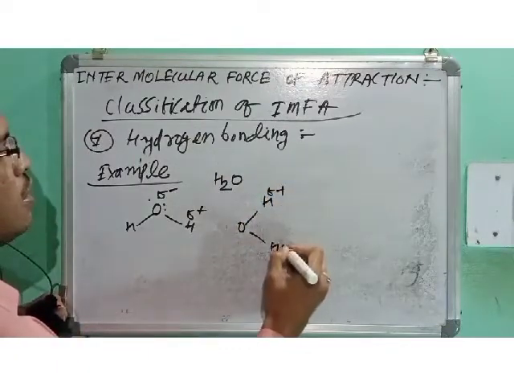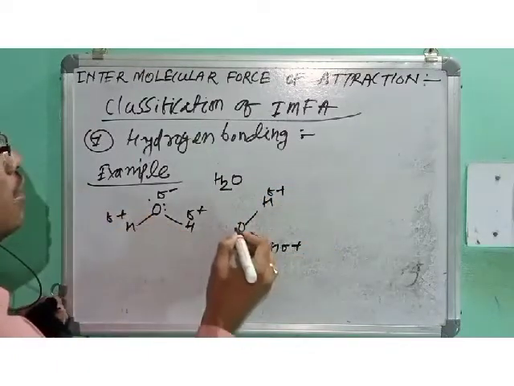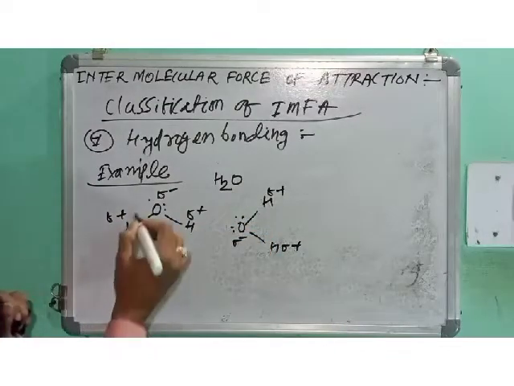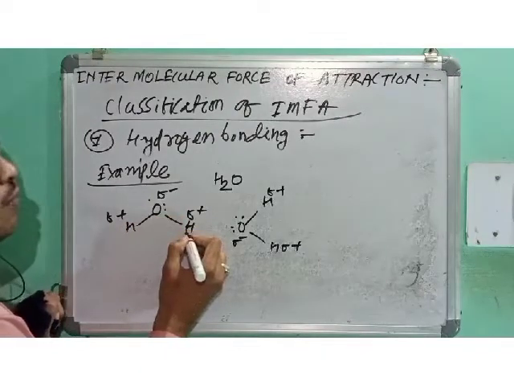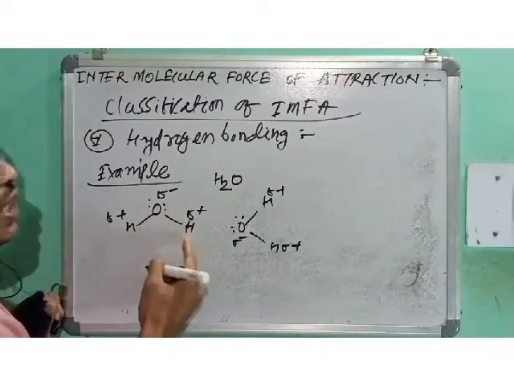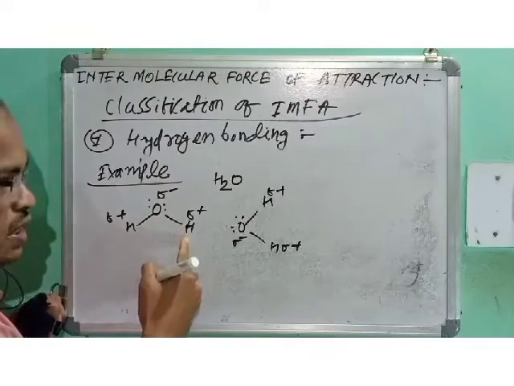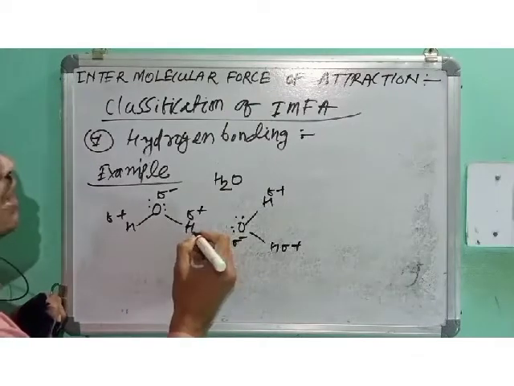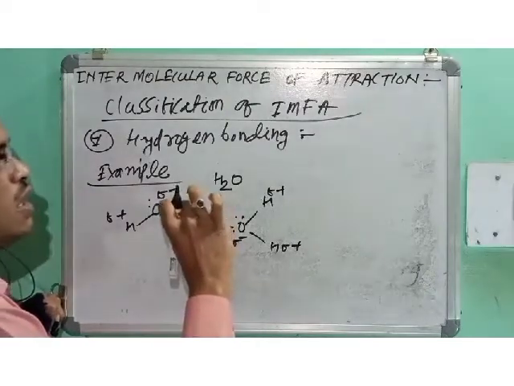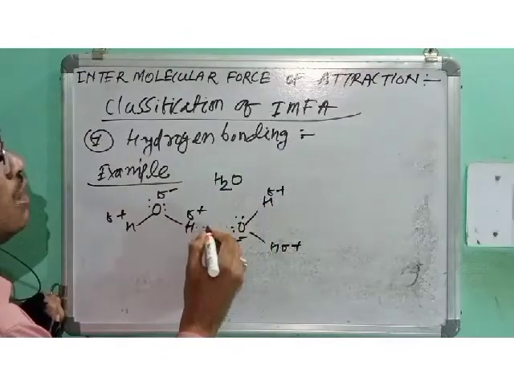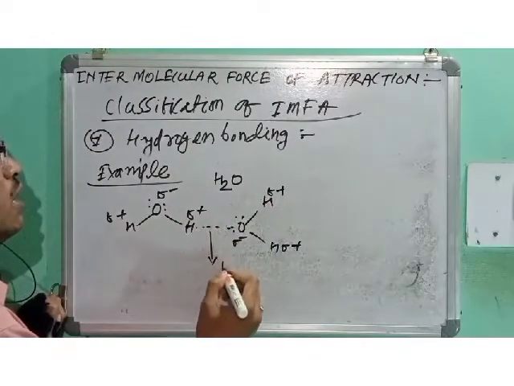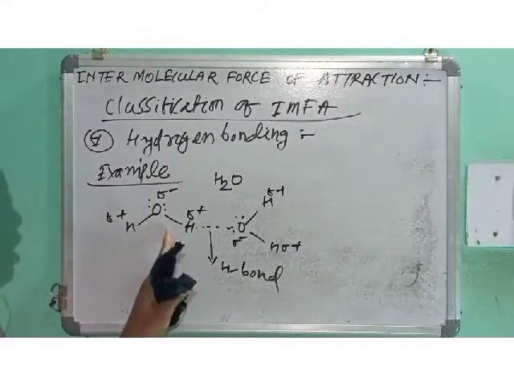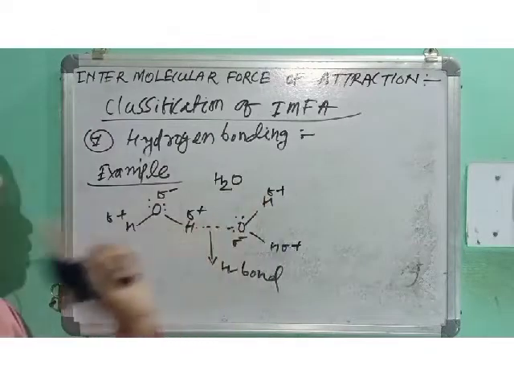This is delta plus, and this is delta minus. What happens? First condition: this water contains a highly electronegative oxygen. For that reason, this hydrogen is highly electron deficient, and this oxygen is a more electronegative atom containing lone pair electrons. So we can say that the force of attraction between this hydrogen atom and the oxygen atom is known as hydrogen bond. So hydrogen bond is formed between hydrogen atom and the oxygen atom of other molecules.